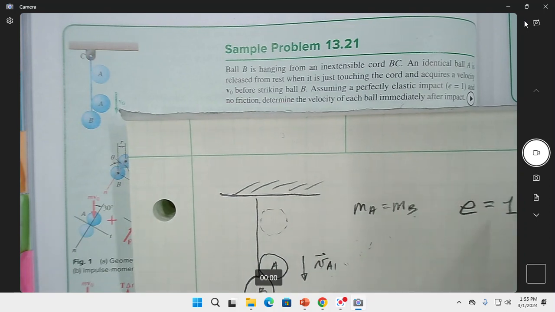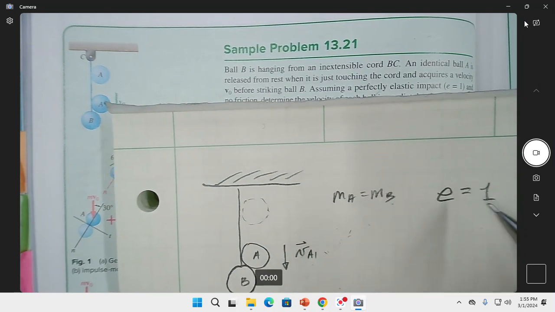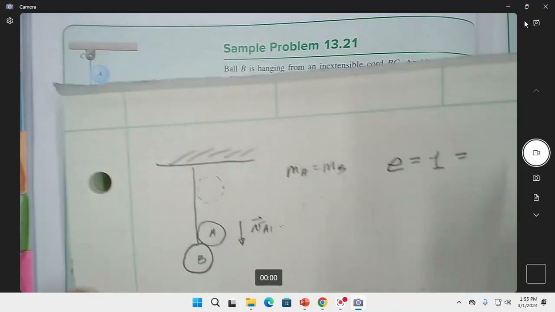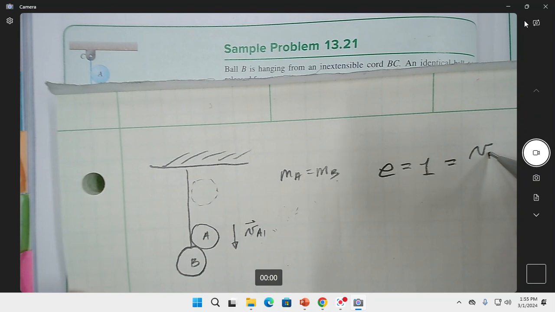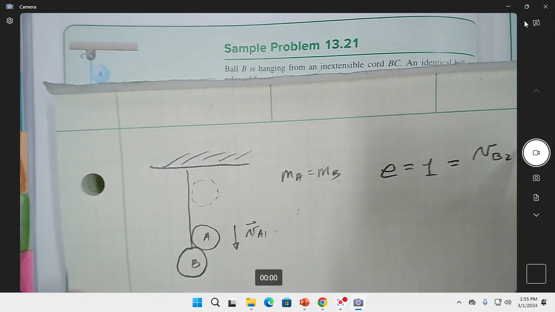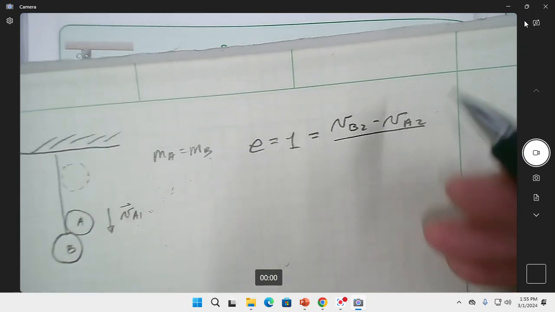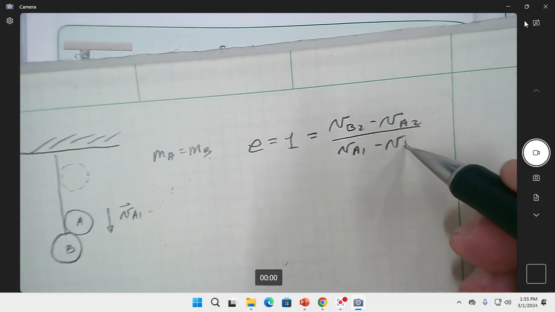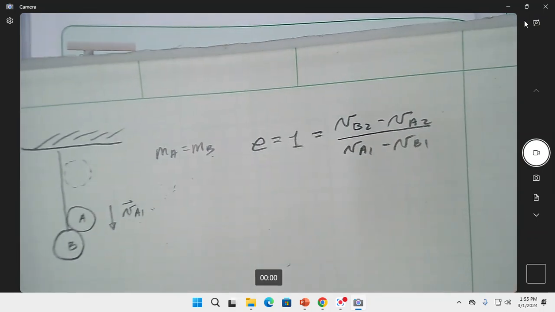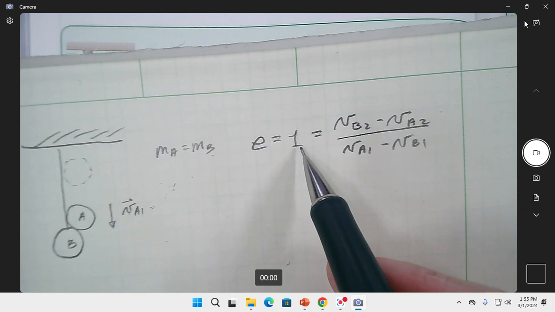But we could say, when we write this out here in a second, that VB2 minus VA2 is going to be VA1 minus VB1, which is equal to 1.